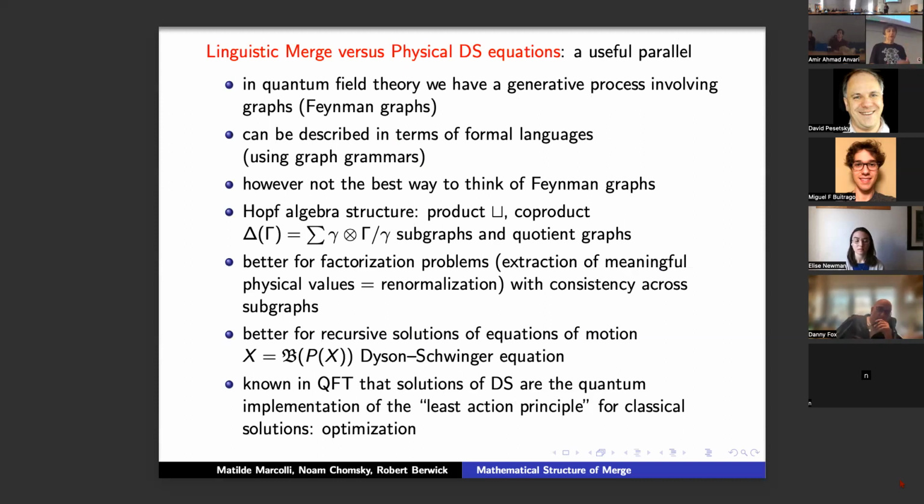The generative process of the Feynman graphs is described in terms of something analogous to the magma of syntactic objects, which is the solutions of these Dyson-Schwinger equations, and they form a Hopf algebra, like the workspaces, where you take disjoint union as a product, and you take the coproduct that extracts a substructure and takes the residual part of that substructure. So it's exactly the same setting that I've been describing.